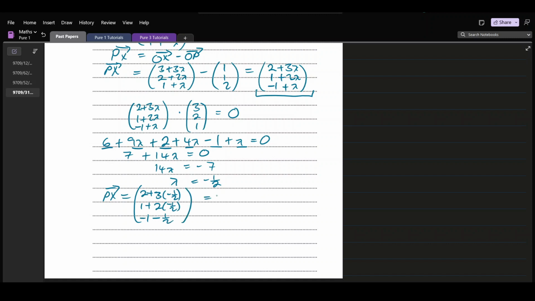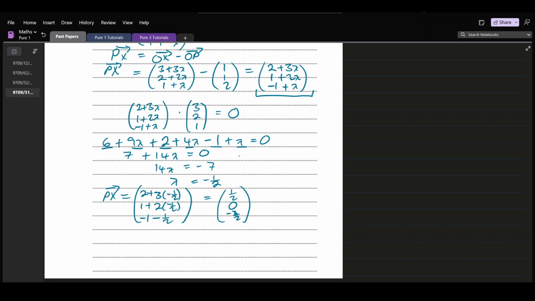Simplifying, 2 plus 3 times negative half gives us 1 over 2, then 1 plus 2 times negative half is 0, and then negative 1 plus negative half is negative 3 over 2.